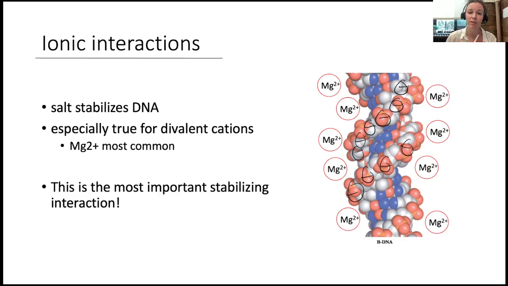Well, I mentioned it previously in these videos, but you will always have the association of a divalent cation, usually magnesium, with DNA, RNA, or nucleotides. We need the stabilizing interaction between the positive charge of the magnesium and the massive negative charge of the DNA.